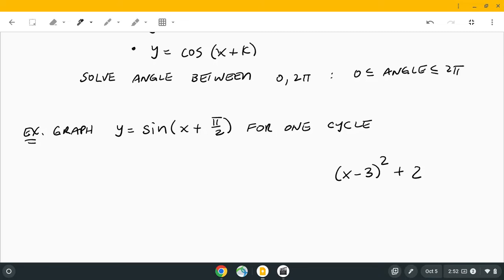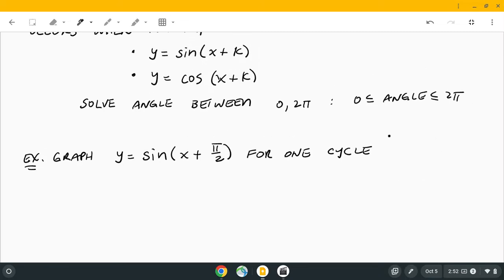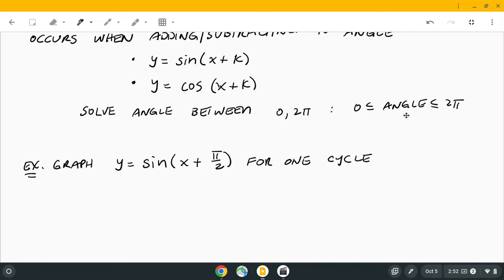Okay, so when it comes to graphing, we just normally do this to find the new endpoints, but you might get some questions in the homework asking you, how is this going to shift? So let me just put a little note here.